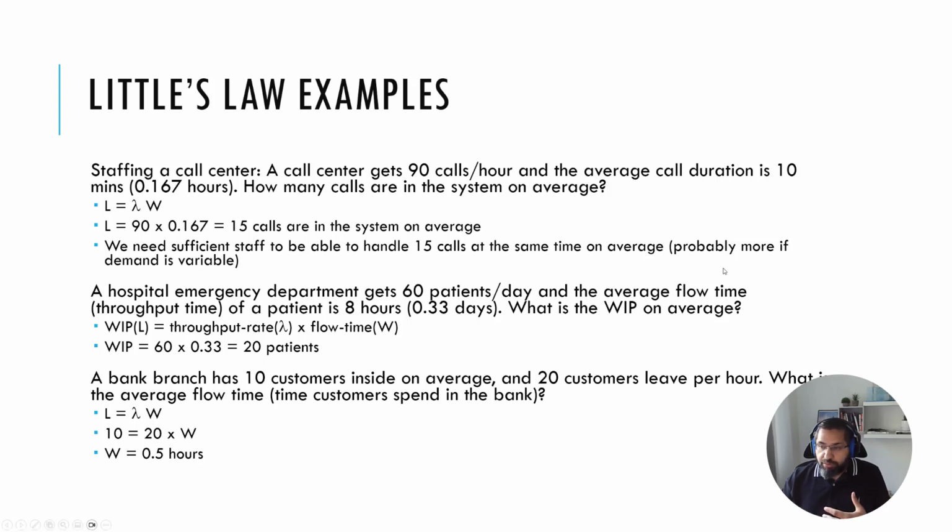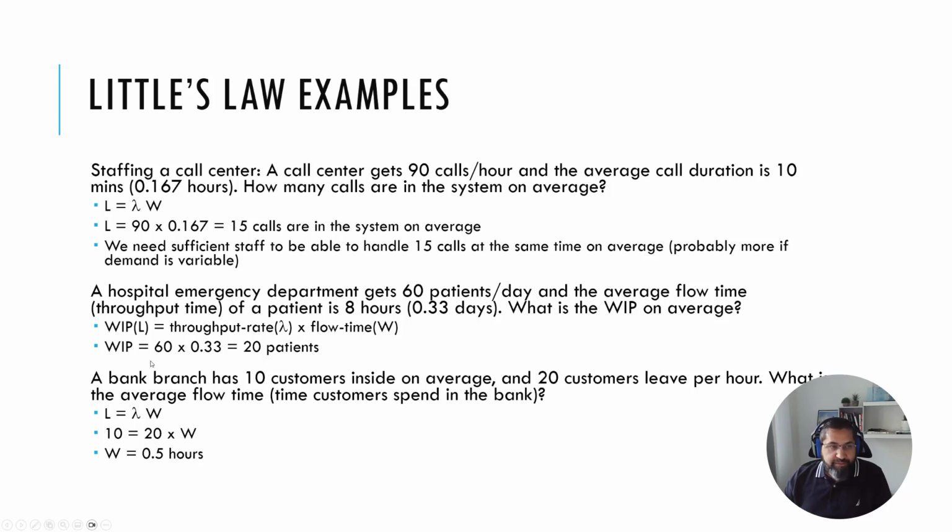So let's say there's a bank branch which has 10 customers inside on average. So maybe you're the manager of the bank branch. You count how many people are in the bank branch at different times of the day over, let's say, 7 days or a month, and you calculate the average. So on average there are 10 people inside your branch at any given time, and 20 customers arrive or leave per hour. On steady state, this should be the same, the arrival rate and the exit rate. So about 20 customers are either arriving per hour or leaving per hour.